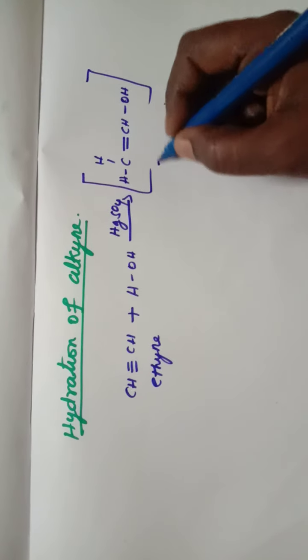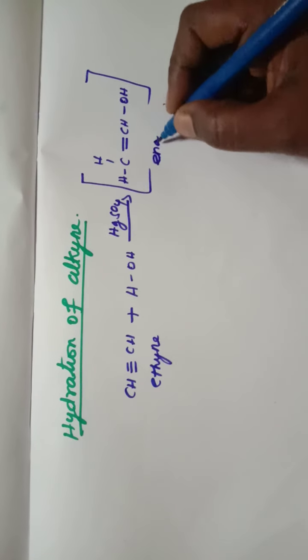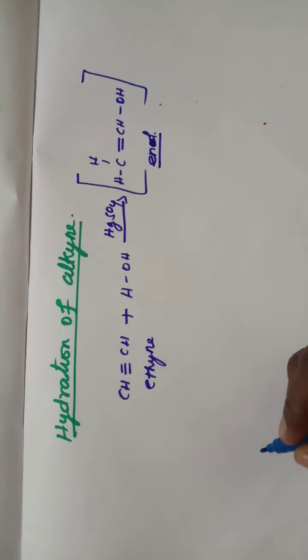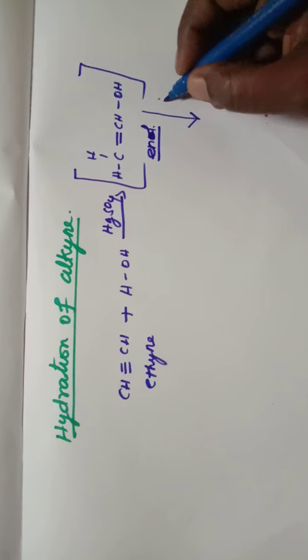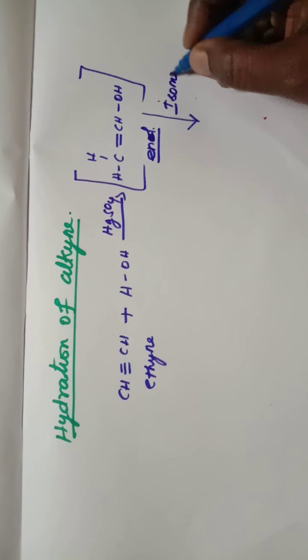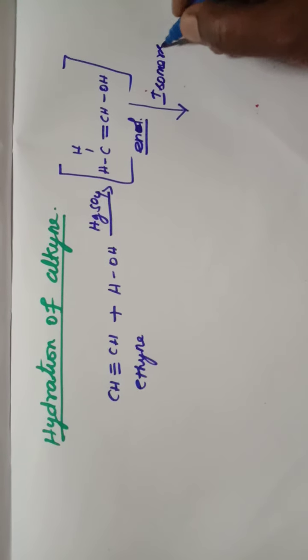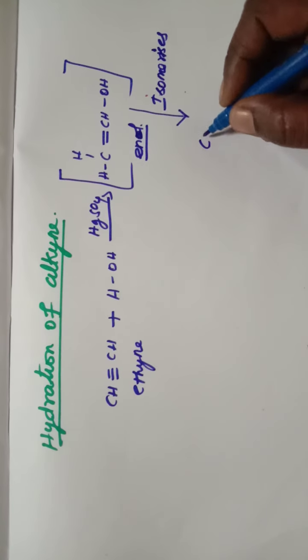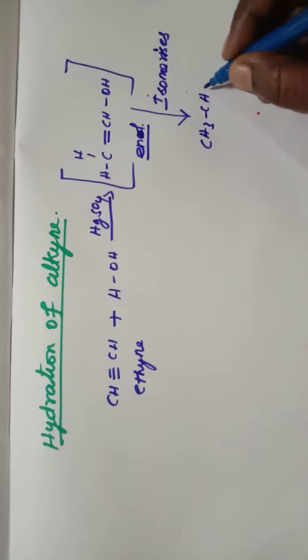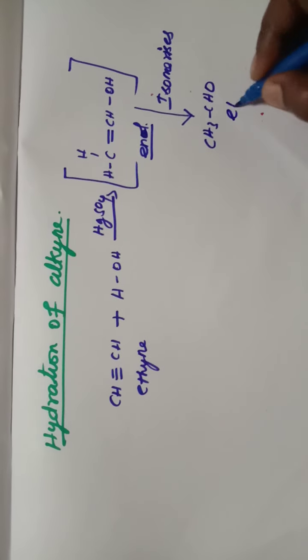This is an enol. Then this enol undergoes isomerization and gives an aldehyde, CH3 CHO, ethanal.